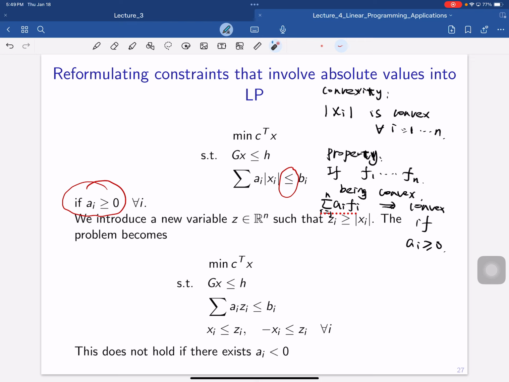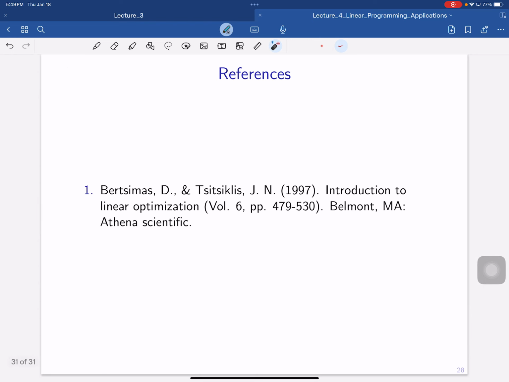That's why you can intuitively see why this can be formulated as a linear programming problem. If you change the condition a little bit, it will no longer be possible to formulate it as a linear programming problem. For more details, you can check the linear programming textbook.